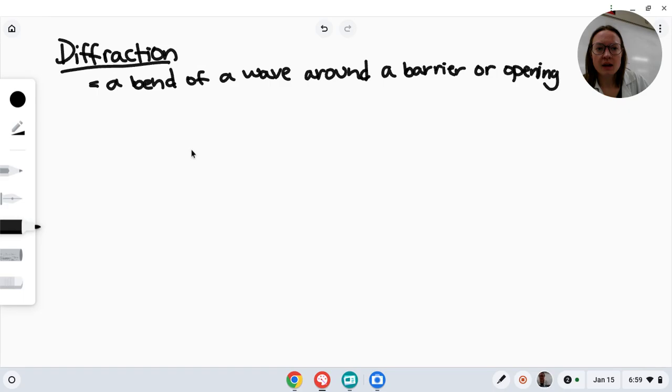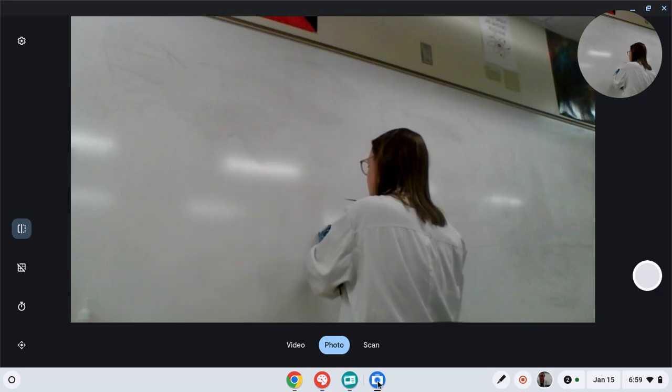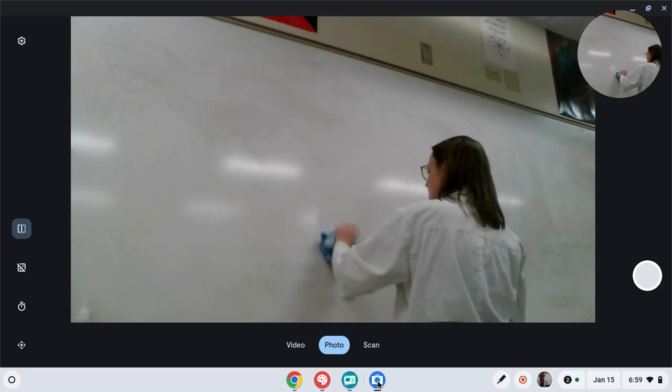Let's take a look once again at our car example. Suppose that instead of having a field of flowers off to the side, we had something just a little bit trickier.